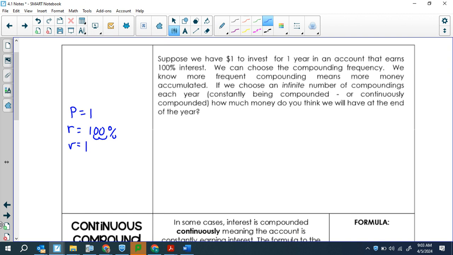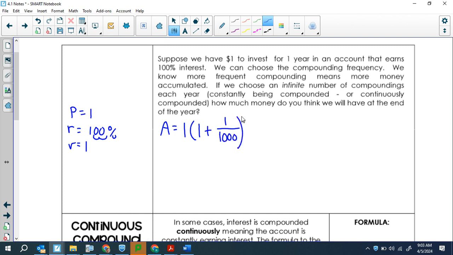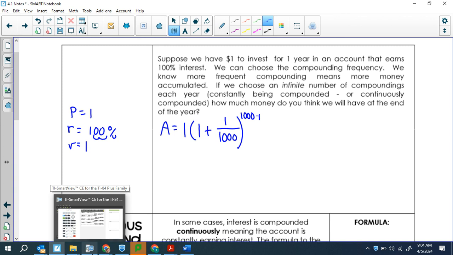So as we do this problem, A equals our principal is 1, times 1 plus our rate is 1, and now we're going to pick some really large compounding numbers. Let's say we compound it 1,000 times in a year. Let's see what happens with that. And that would be in the exponent 1,000 times 1, because we're keeping it in for 1 year.